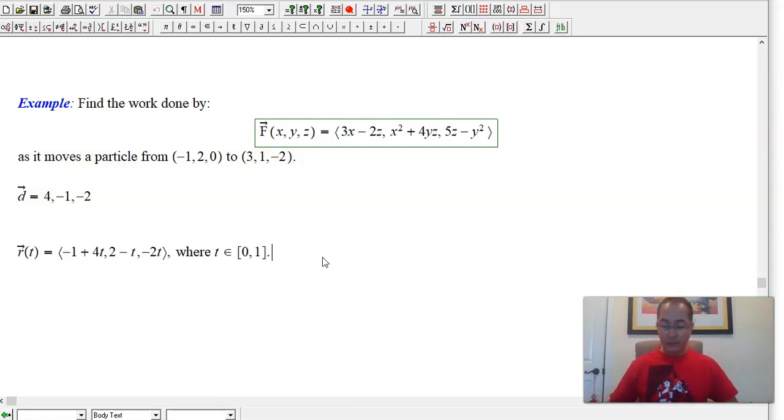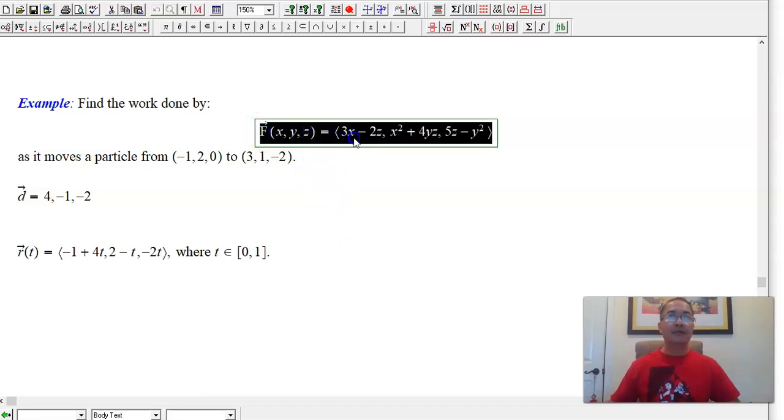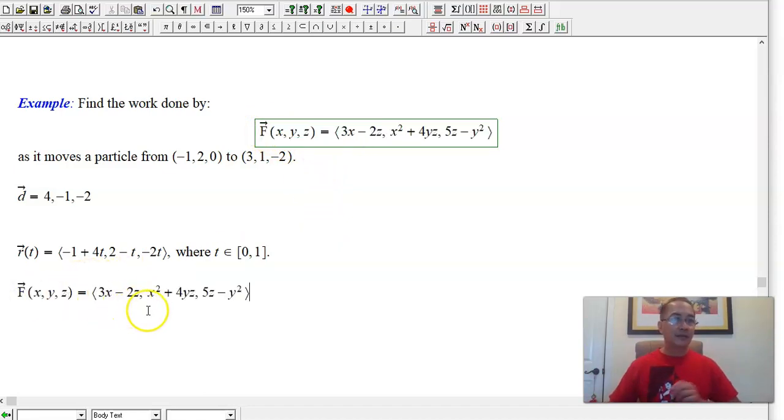All right, so now we plug in that parametrization into F. It is literally a find and replace. I call that F evaluated at r of t. How many x's do we have?